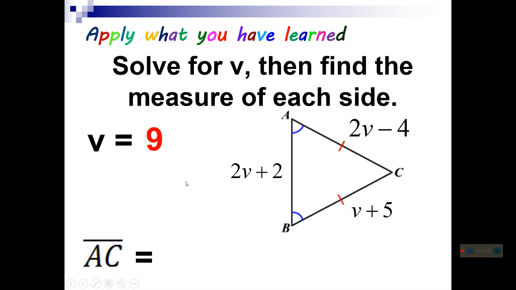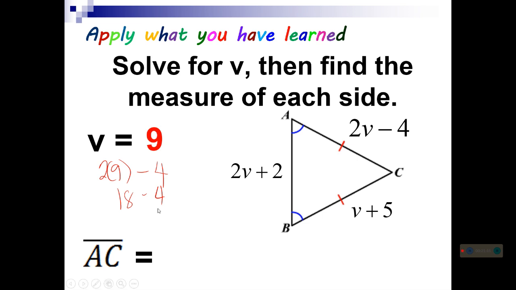By using the value of our V, which is 9, we can now find the measure of segment or side AC. So you are going to substitute 9 in place of V. Okay? So you will have here 2 times 9 is 18 minus 4.